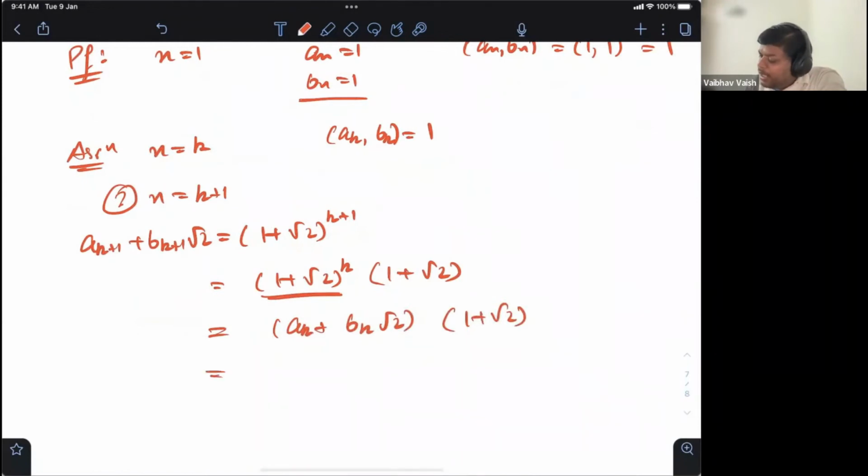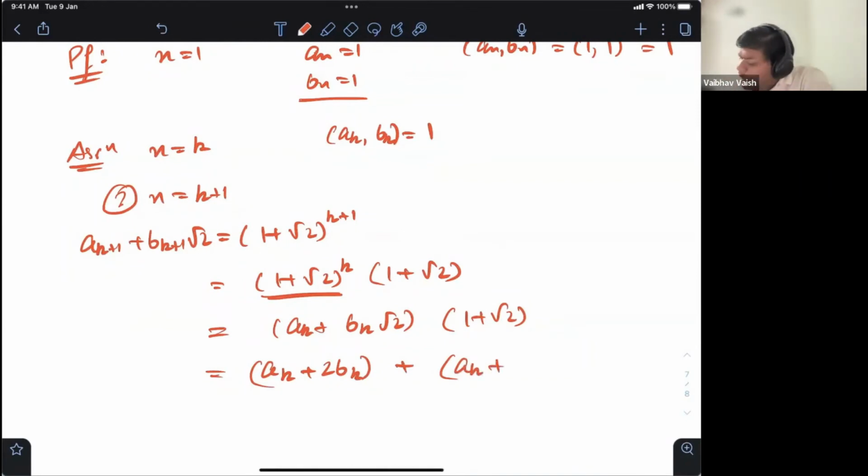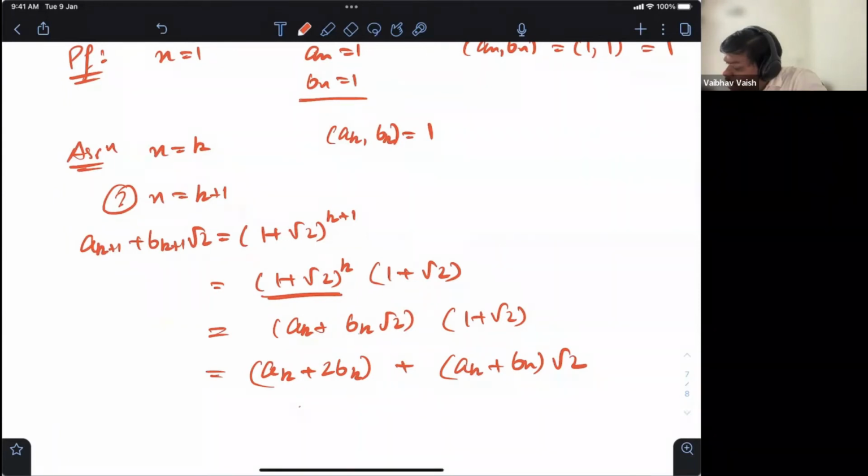Then I do the multiplication. Now I can just multiply: ak plus 2bk plus ak root 2 plus bk root 2, so ak plus bk, times root 2. I hope I have not made a mistake. bk root 2 and bk root 2 and ak root 2, that's fine, and ak plus 2bk.